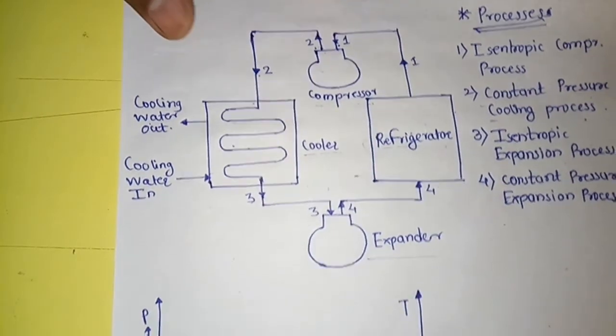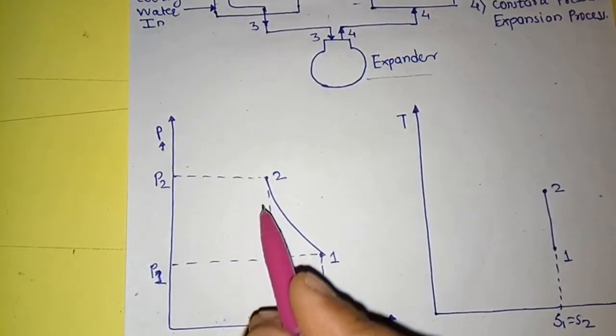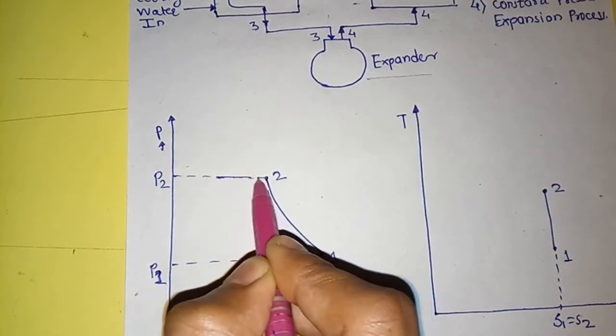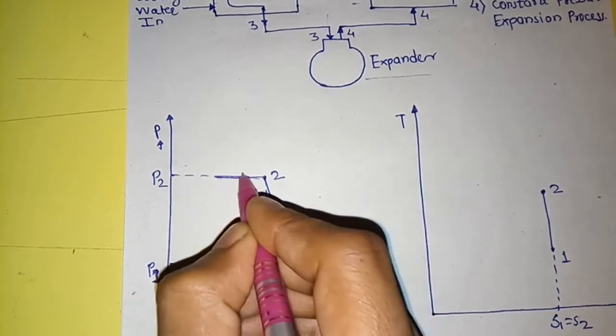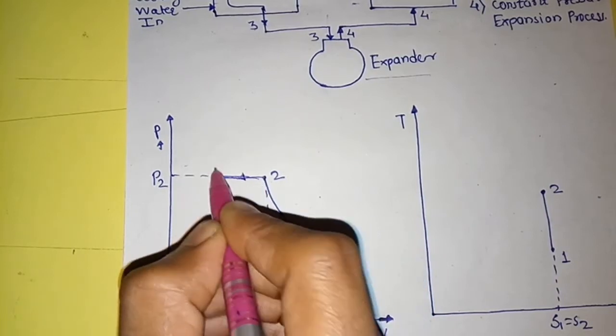So we will plot this process on the PV and TS diagram. As the process is constant pressure, draw this line horizontally leftward, because pressure is constant, up to point 3.